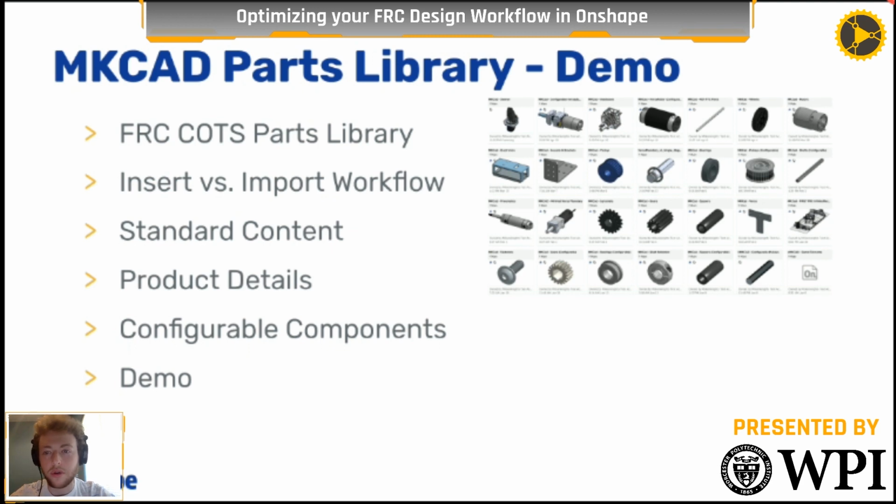So a 10-32 bolt always has just about the same dimensions. Onshape has added a platform where folks can pull that in. They can edit the configurations. It's a really powerful tool and just makes life easier because those fasteners are right there and easy to pull in, rather than someone sitting there and adding every little fastener into MKCAD, which I did do several years ago and then was made totally obsolete by this standard content.